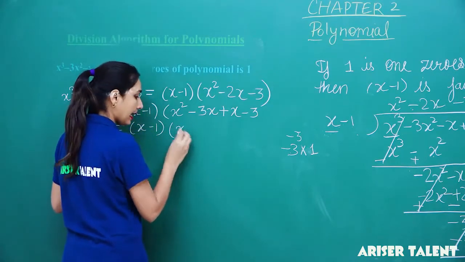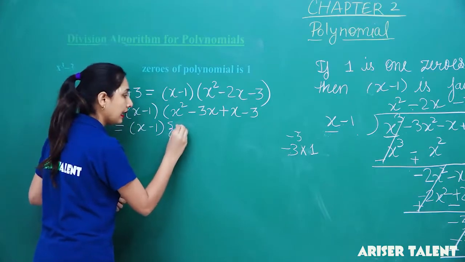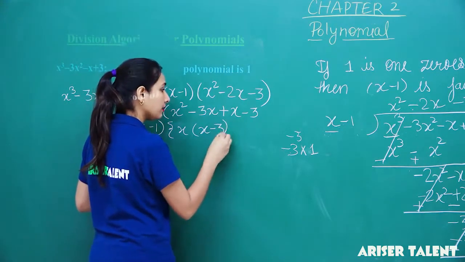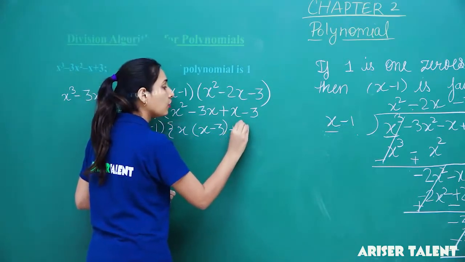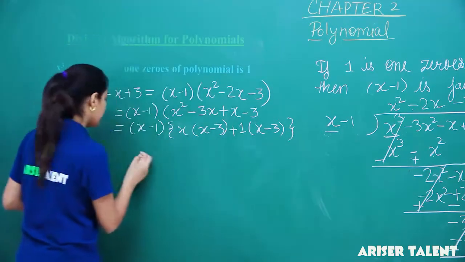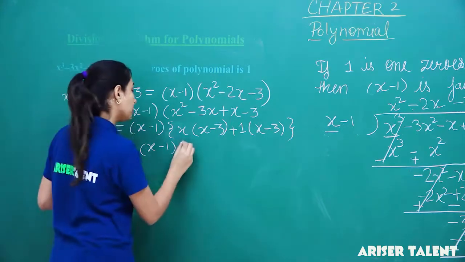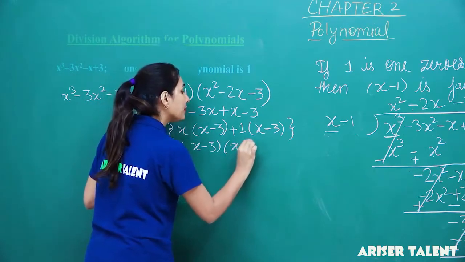Now what will you get? Take x common: x, bracket, x minus 3. Then take 1 common: x minus 3. Then we will have x minus 1, then x minus 3 and x plus 1.